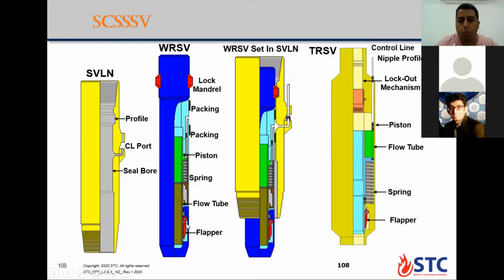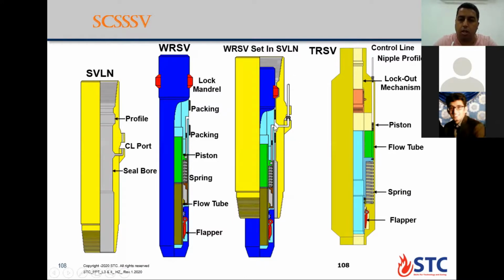The flow tube will open the flapper of the valve. When you release the pressure, the spring will push up the piston. So the flow tube, the brown one, will come up, so the flapper will close itself. Okay, this is the wireline retrievable safety valve set inside its nipple.